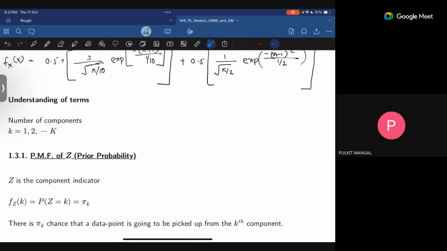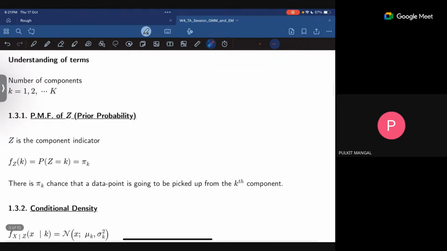Now the PMF of Z, that is the prior probability, means the probability of choosing any component. Z here denotes the component indicator, just like in the K-means algorithm last week, where we described the cluster indicator through Zi.